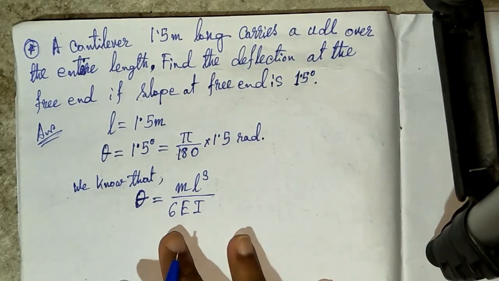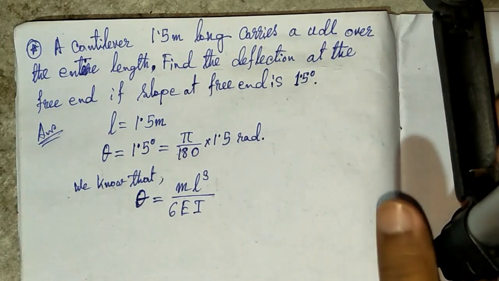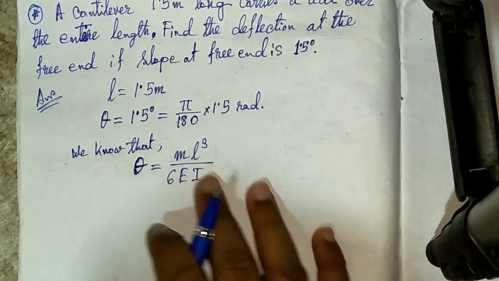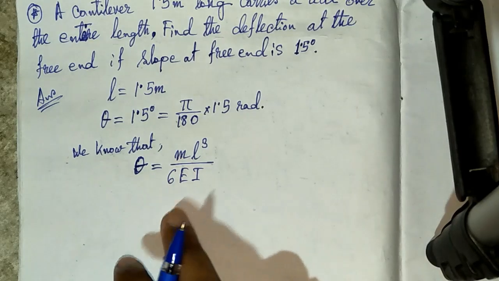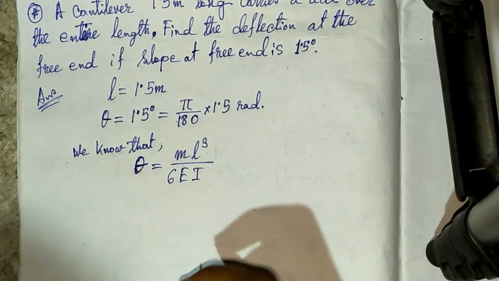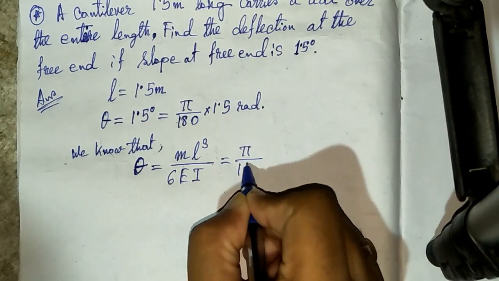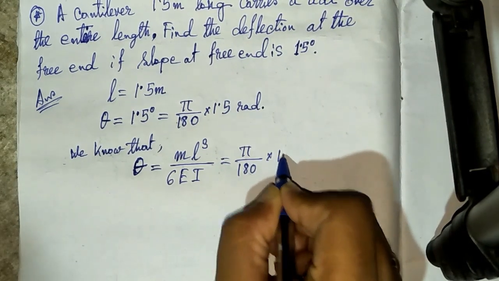I am not considering the minus sign, so this is the mod value of slope, which equals pi by 180 into 1.5.